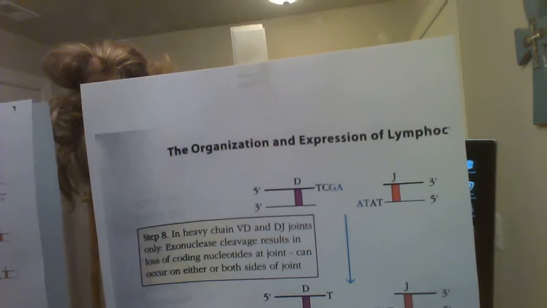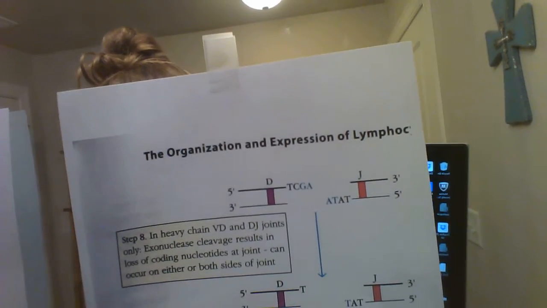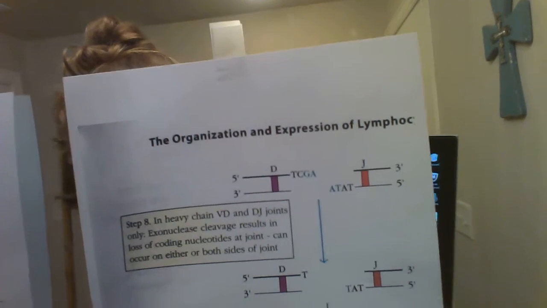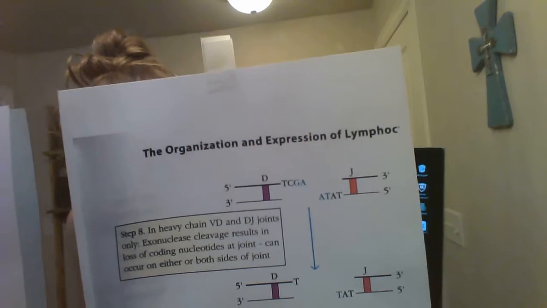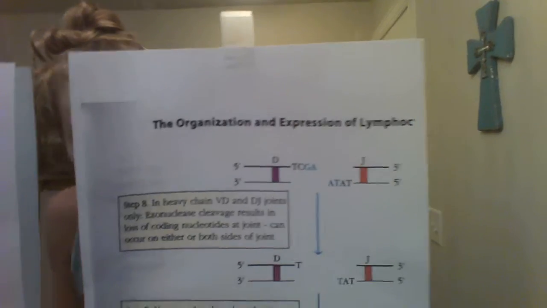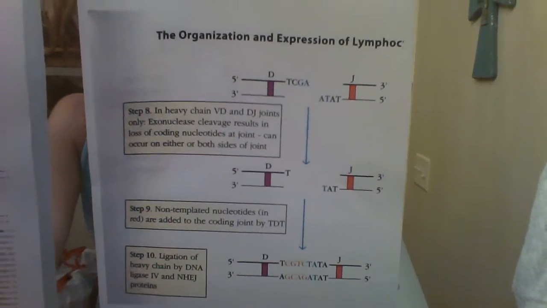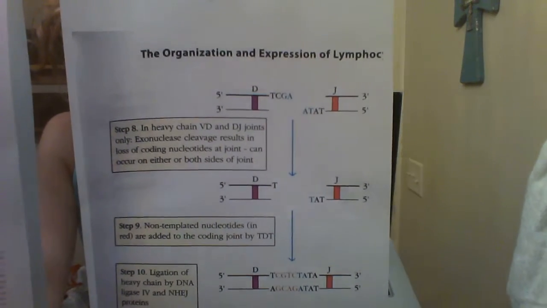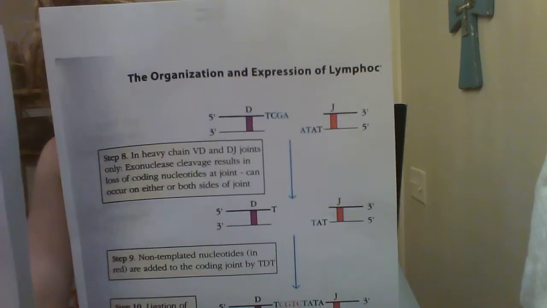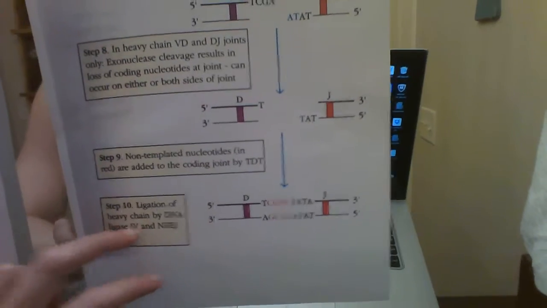It could be either or, but after exonuclease activity, of course, we're going to have the protein TDT come in, and it's going to add those N nucleotides we talked about. N stands for non-templated nucleotides, and TDT is going to come in and join those up. And our very last and final step, step 10, ligation of that heavy chain is going to occur via DNA ligase 4.